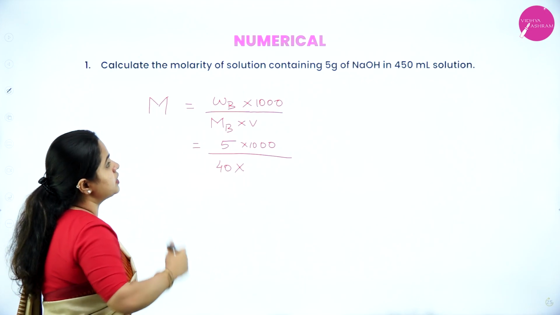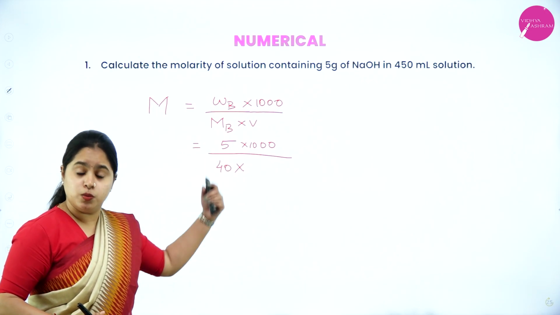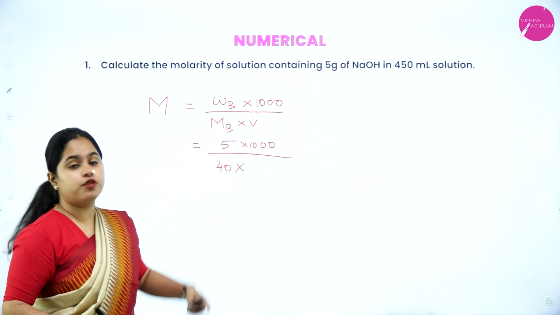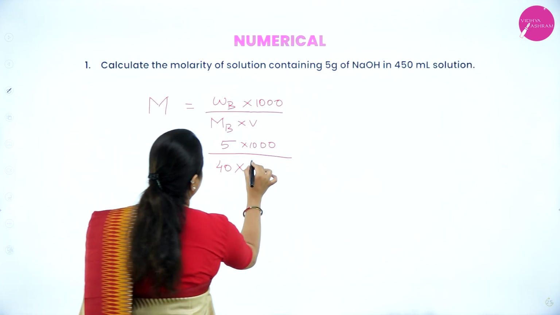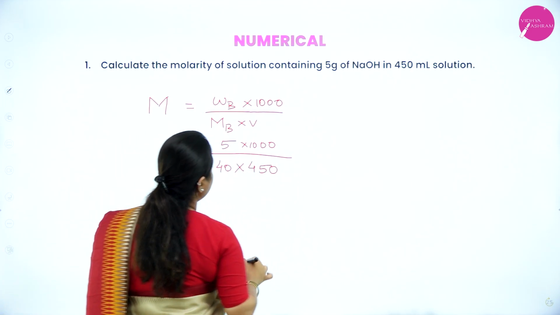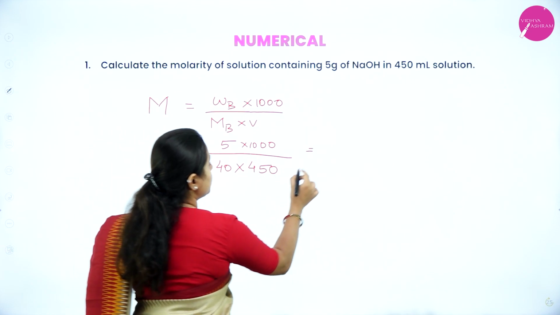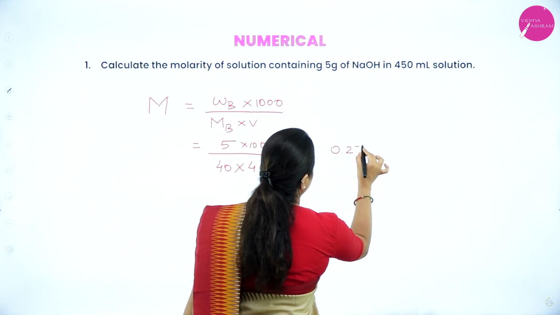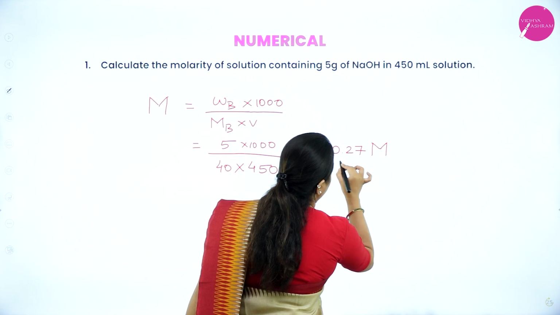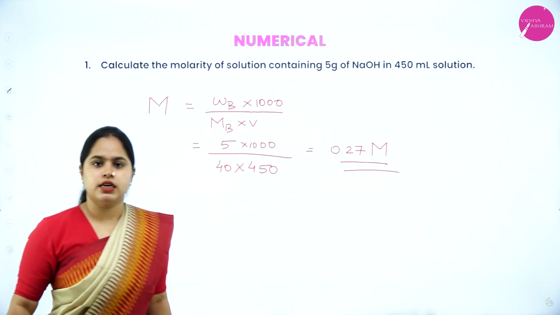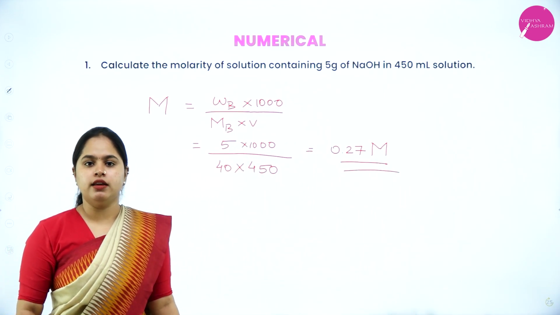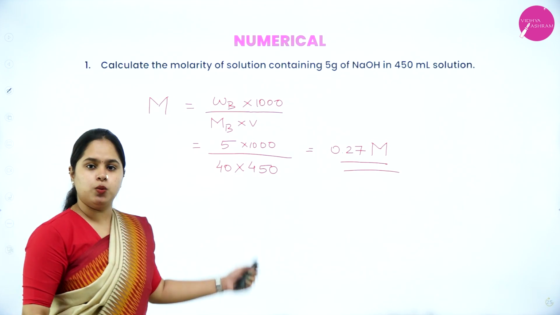And it is present in how much volume of the solution? 450 ml of solution, right? So 40 into 450 ml. So that will be equal to 0.27 molar solution, right? So the molarity we calculated. I hope it is clear.